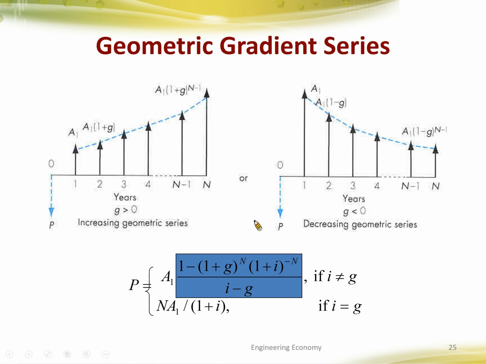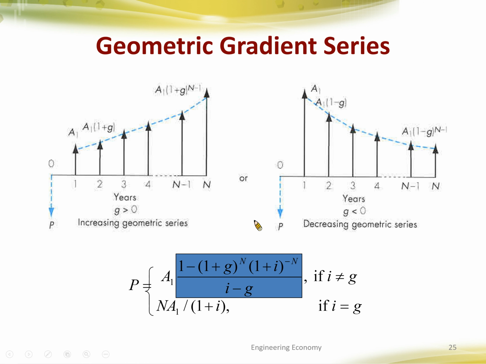If I equals G, and we still apply the first formula, the denominator becomes 0 and the value becomes infinite. However, if I equals G, we know the effect, so we can simplify that formula into the following one.